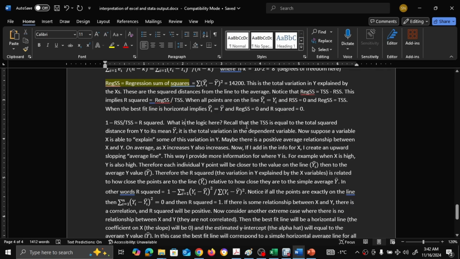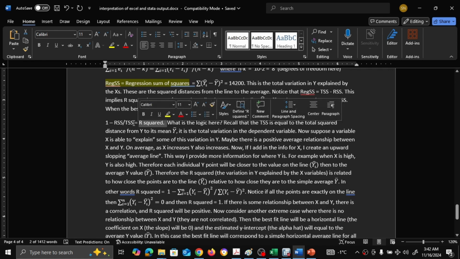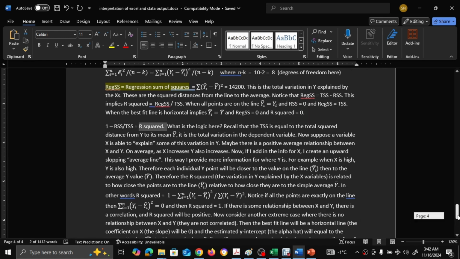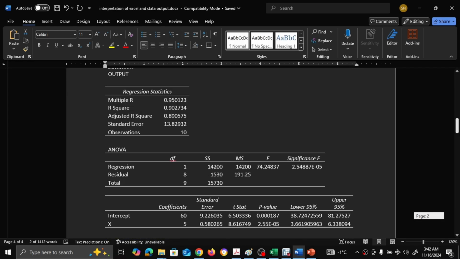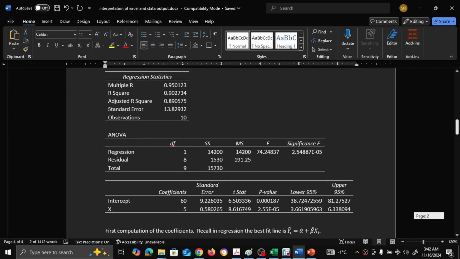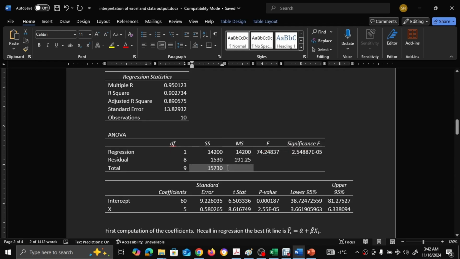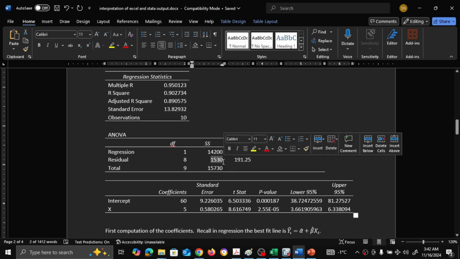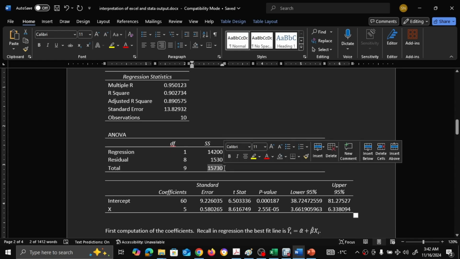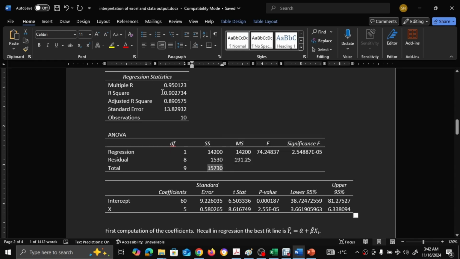And what is the logic here? This is also the r squared. You can compute it from these as well. So basically, this is saying if I divide this by this and I subtract 1 divided by this, I should get the r squared, okay?